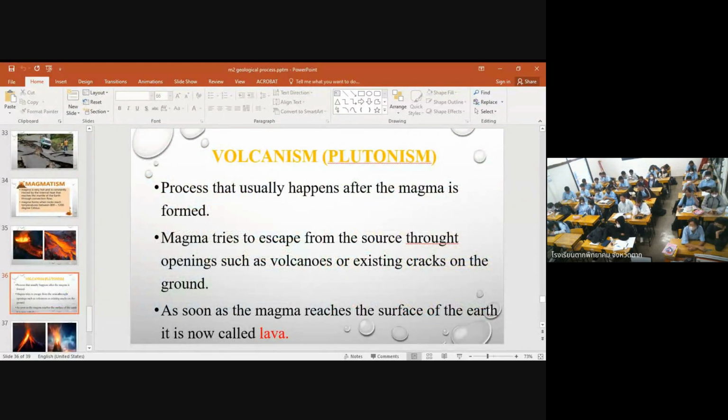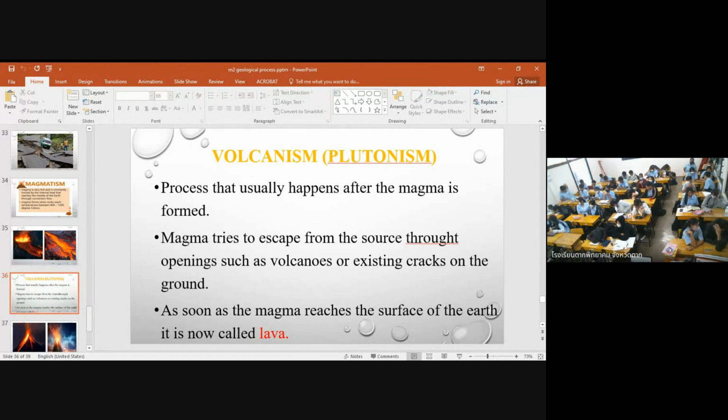volcanism or plutonism. It is the process that usually happens after magma is formed. Again, when you hear magma, what comes first to your mind is volcano. So it is the process that happens after magma is formed.